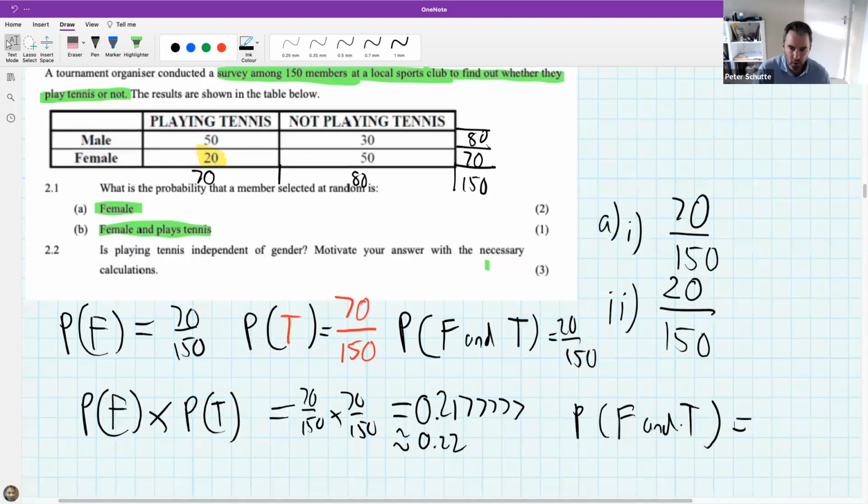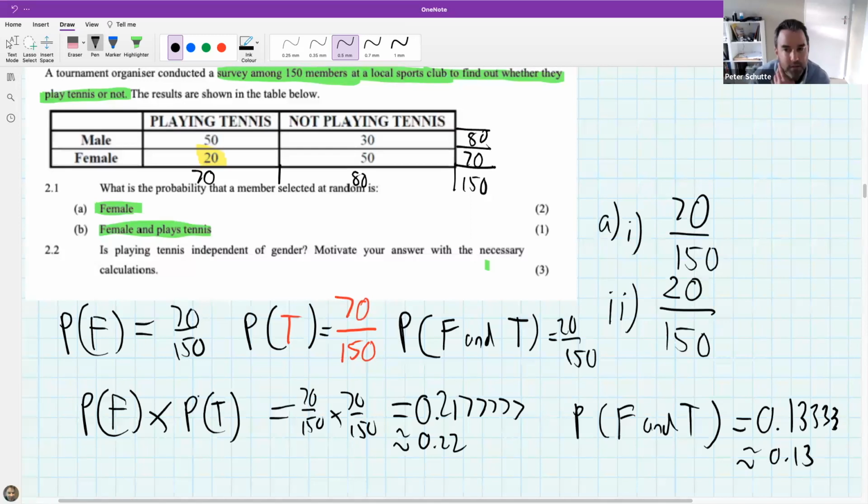And now, what is the probability of being female and playing tennis? It would be 20 divided by 150. Let's see what that is. That is 0.133333. So is playing tennis independent of gender? What do you think?